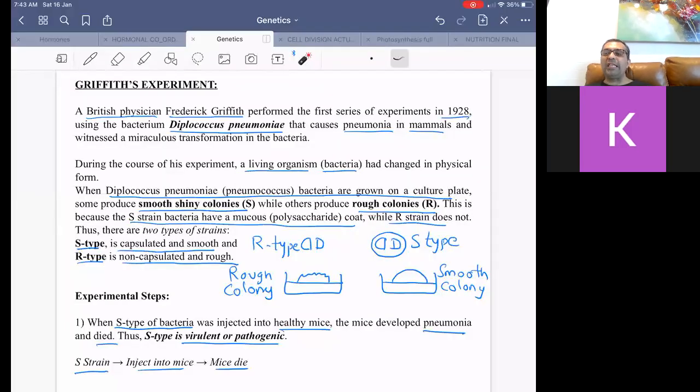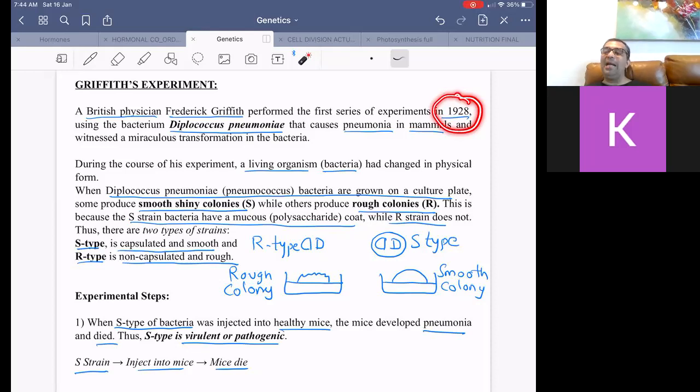And then there were experiments proven as early as 1928 that something helps in passing of genetic material from one organism to the other. What that something was, was not known.